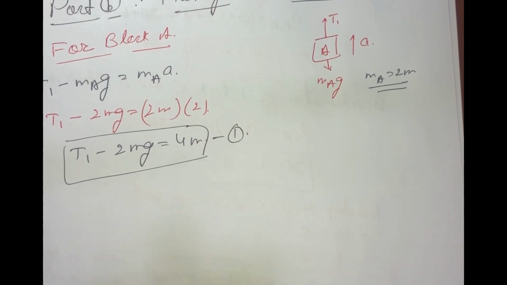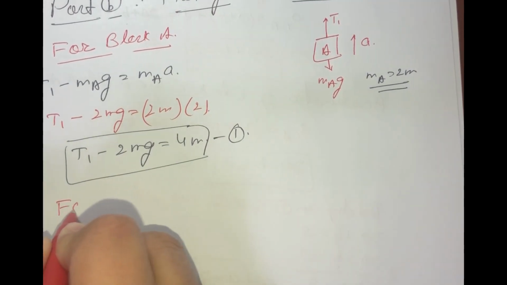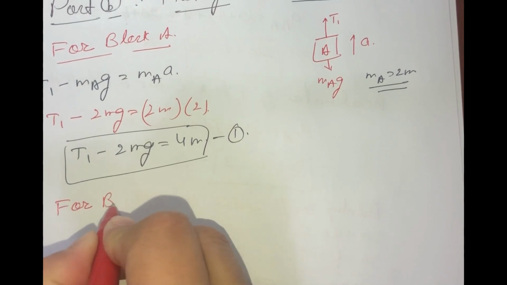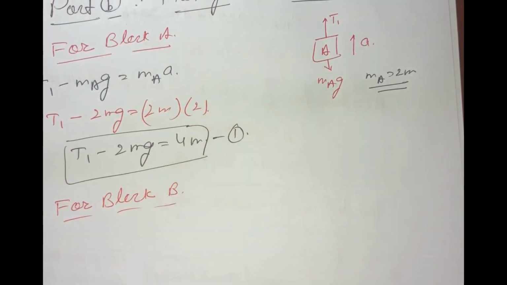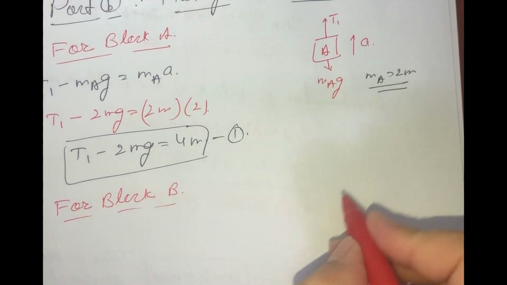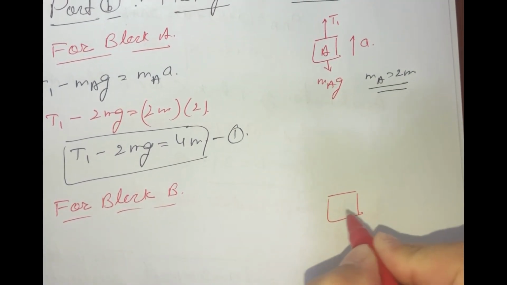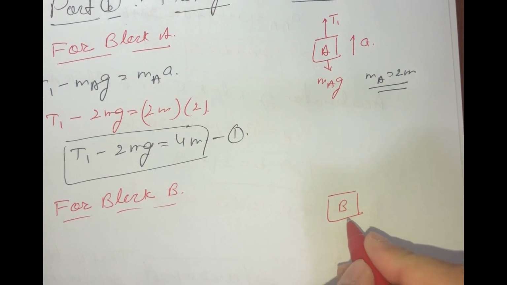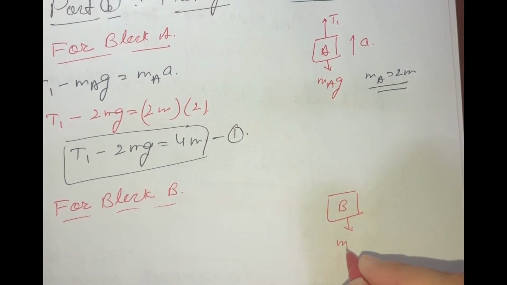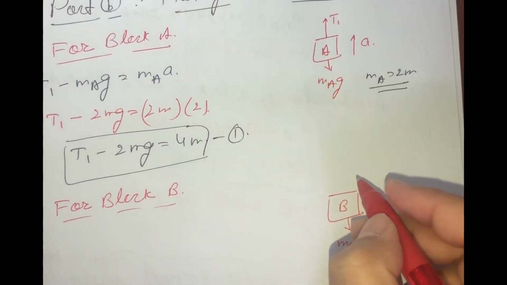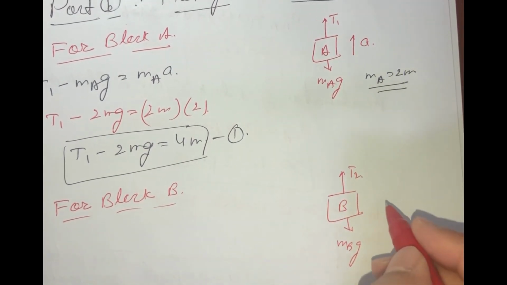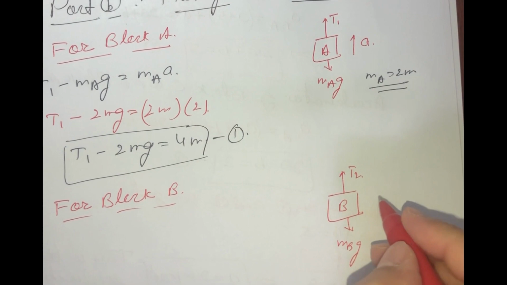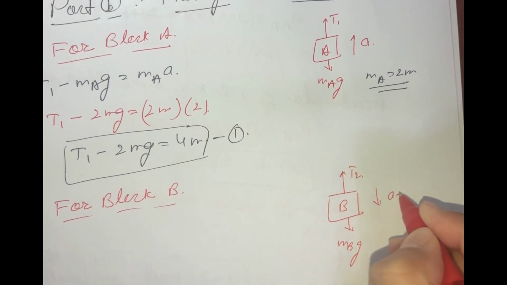Now for block B, in the downward direction we are going to have mBg, and let's suppose the tension is T2, and it is moving in the downward direction with the acceleration of a plus b.